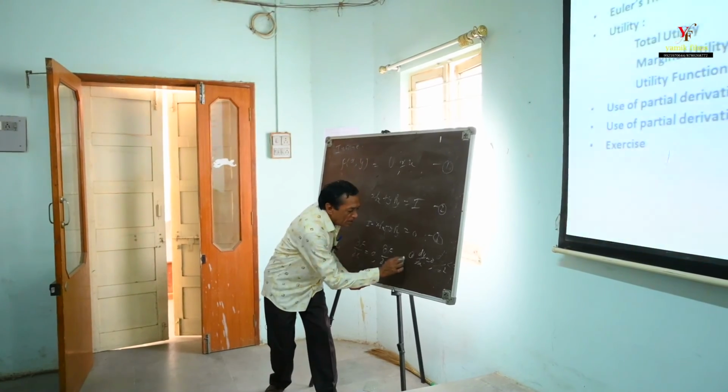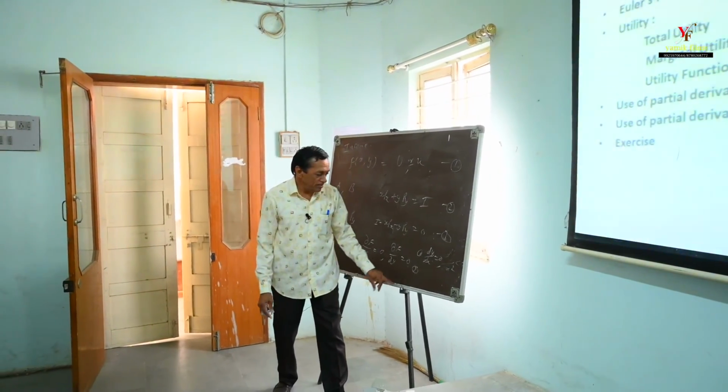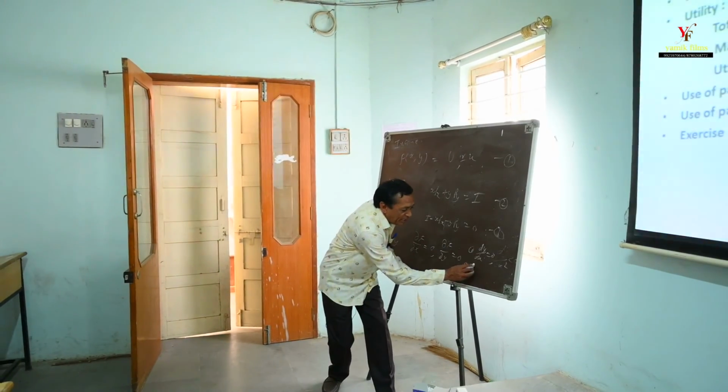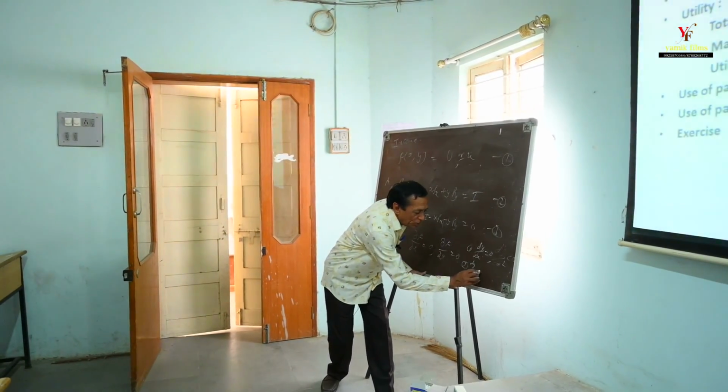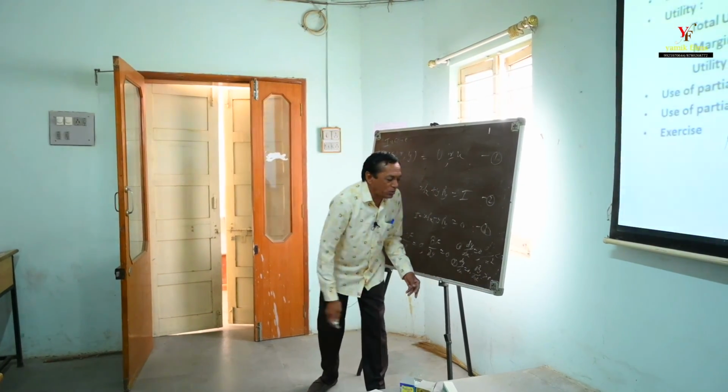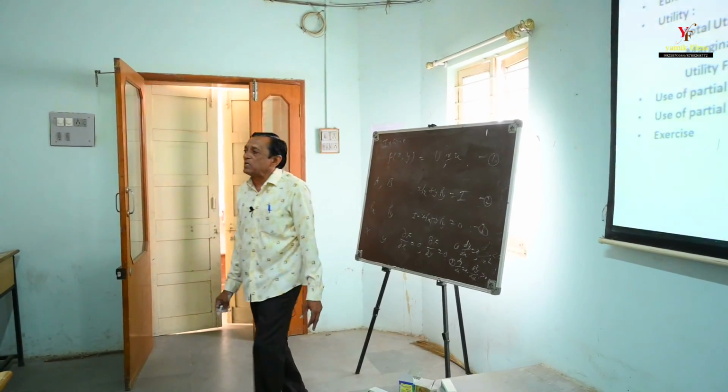For minimization, dy/dx is 0 and d square y by dx square is greater than 0, then the function may be minimized.